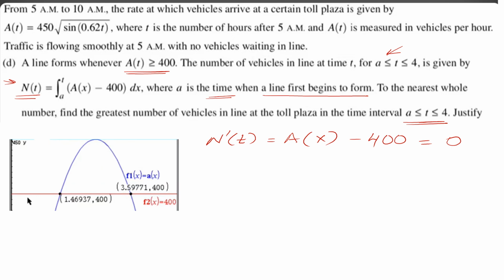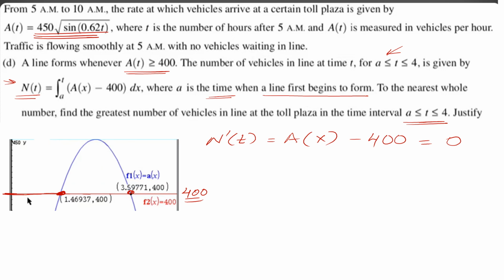If I write the 400 in the calculator and graph the equation, one equation is 450 times the square root of sine of 0.62t, whereas the other line, where the vehicles start lining up, is 400. You will get the two critical points.